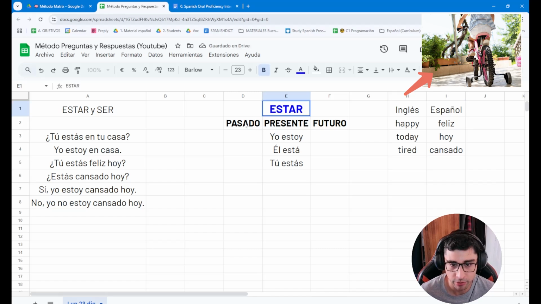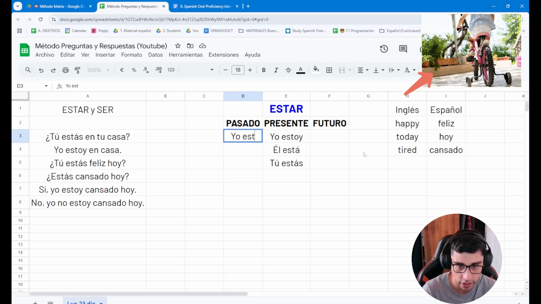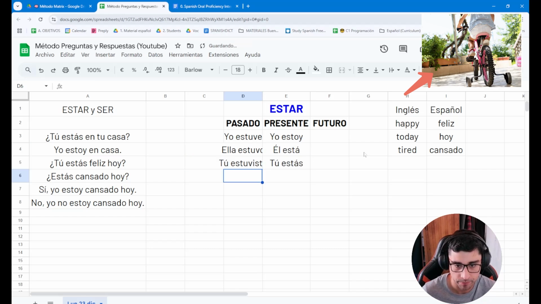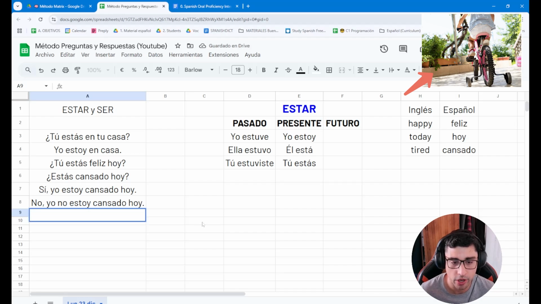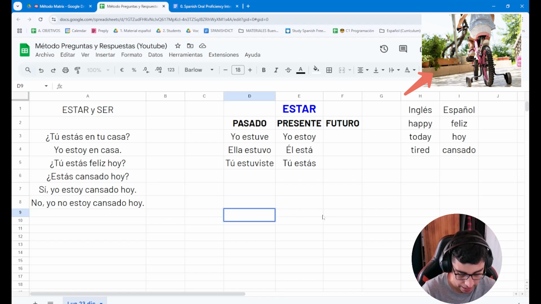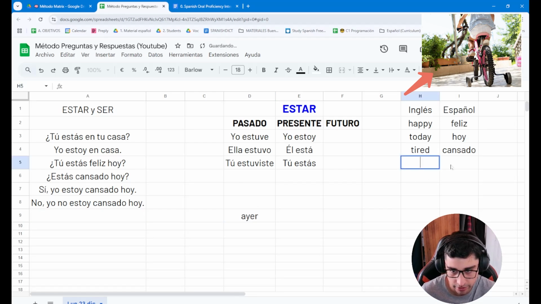Now let's pretend we are going to use the past. You would say here, yo estuve, él o ella, let's put ella in this case, like she was, ella estuvo, y tú estuviste. Okay? So, I could ask you, yo podría preguntarte, let's put here, ayer means yesterday.